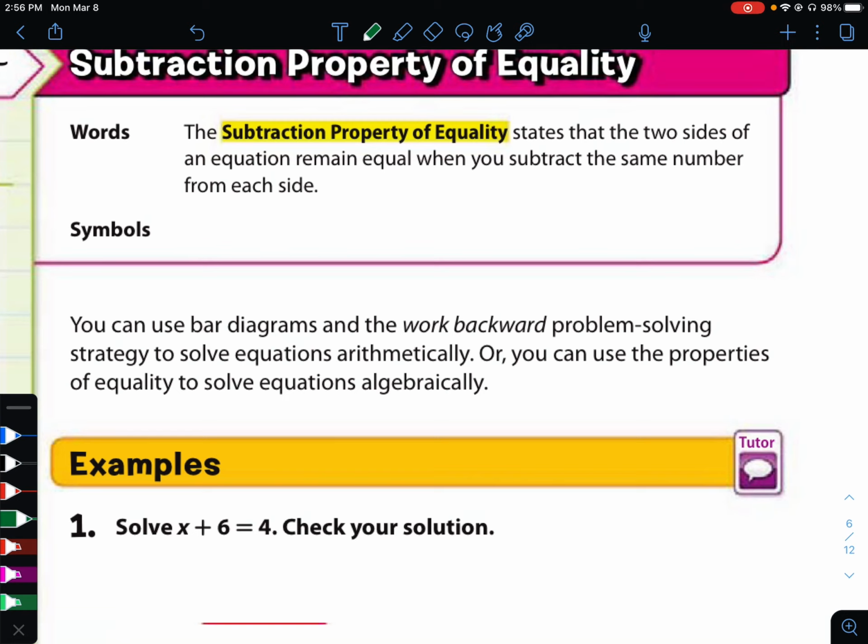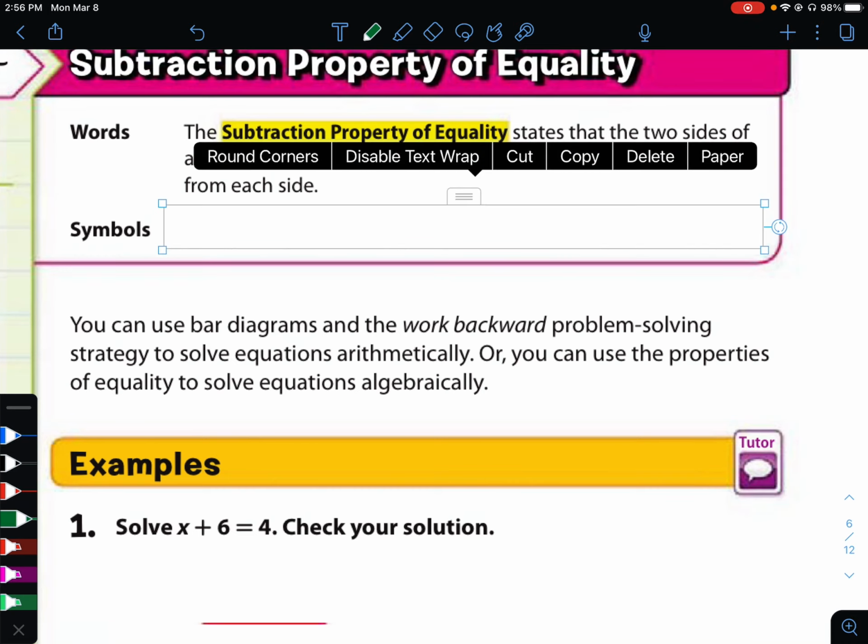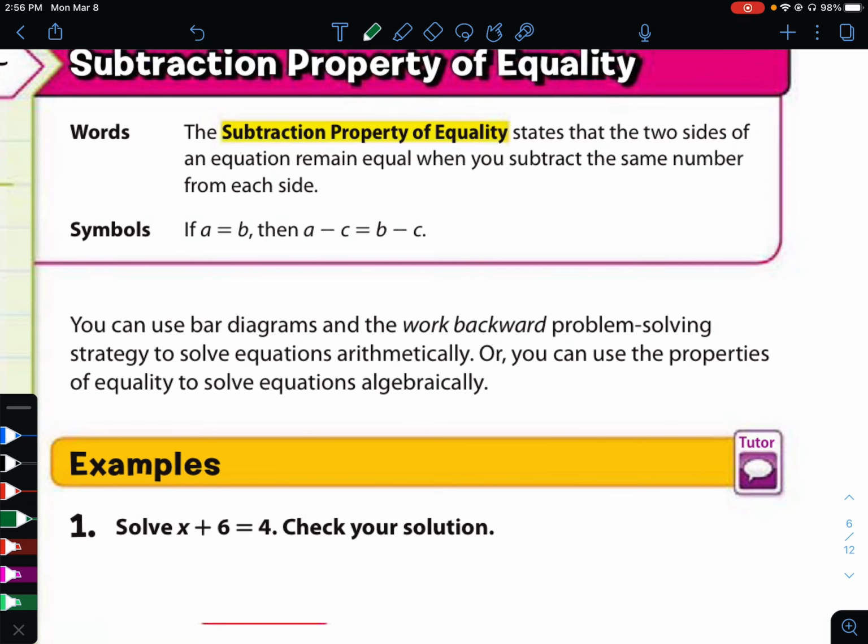In symbols, if you have A equal to B, then if I subtract C from A and subtract C from B, A will still be equal to B.